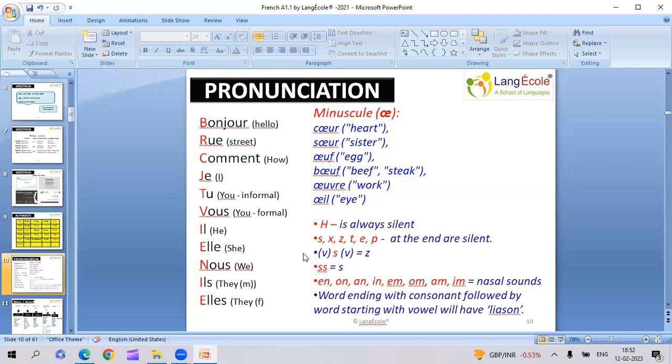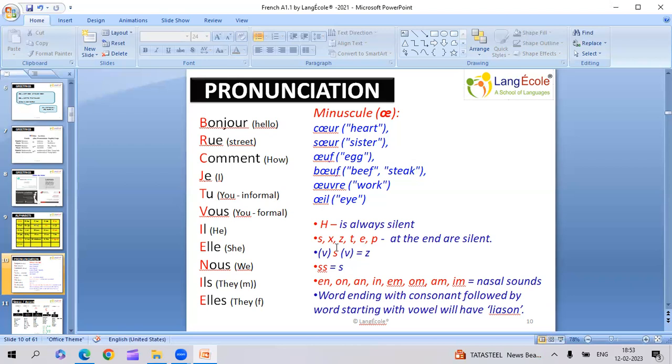Now, the next thing to note is that when there is one single S between two vowels, it will always get pronounced as a Z sound. When this S is at the end, it is not pronounced.